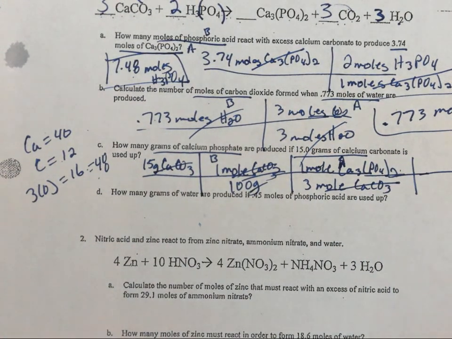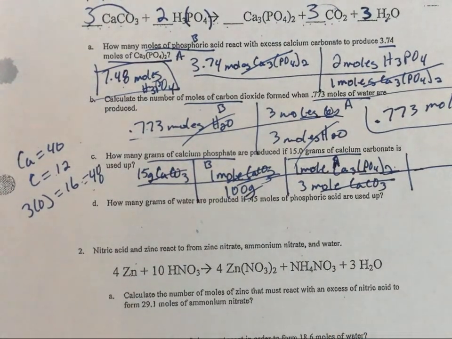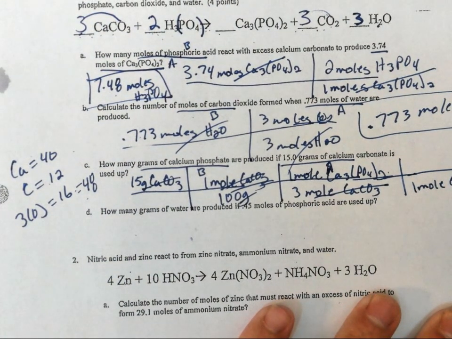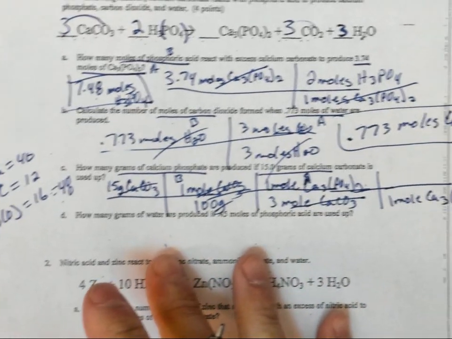So now I'm at moles of B, and I want to get to grams of B. So I've got to use the molar mass of B. So 1 mole of Ca3(PO4)2, this one's going to be a little bit tricky. We got to figure out how much that thing weighs.